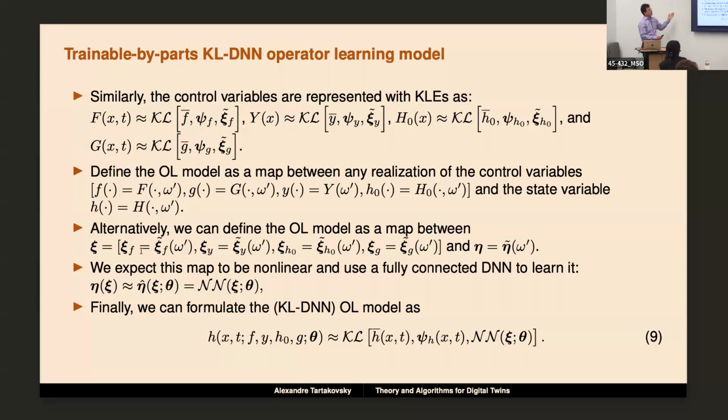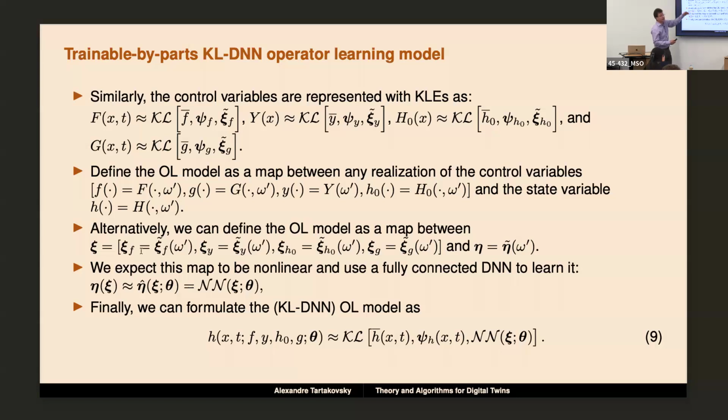Alternatively, we can define our operator learning model as a map from the instances of random variables in our control variables to the instance of the random variable in the expansion of the system state, right? And that's what we want to do. We want to find a map from xi to eta. Now, xi tilde is a random variable.